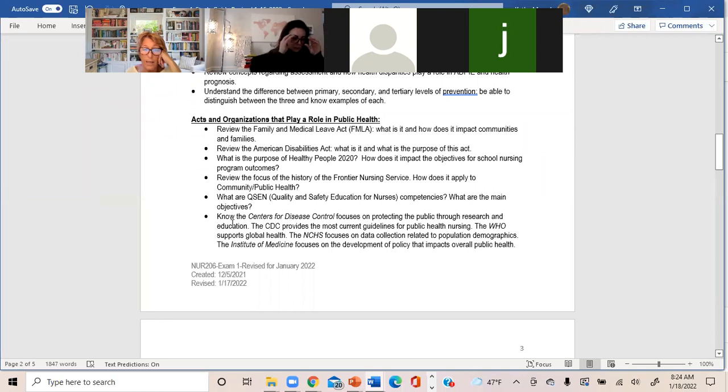And then definitely the next bullet, knowing the center for, so in public health, you're going to get asked, what is the main agency that we focus on to get our direction, our guidance? What have we been doing the last 2 years?